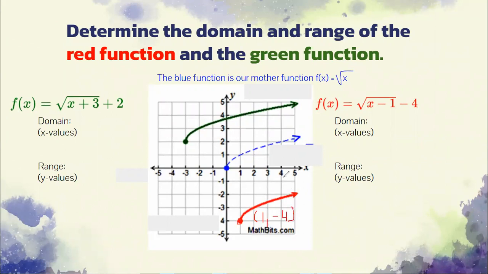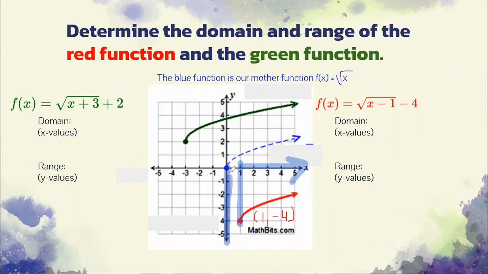1, -4. And the domain of this function, all possible x values for this function. I would read the x-axis and notice that my red function starts at x is equal to 1, right? That's my locator point, and continues towards positive infinity. So my function is actually no longer defined at 0, 0.